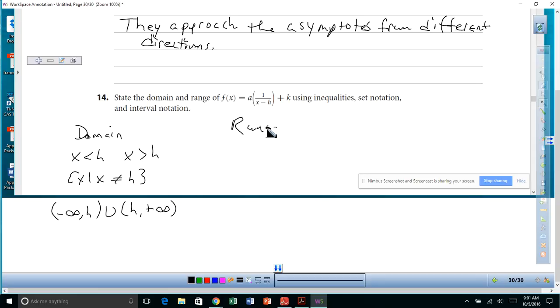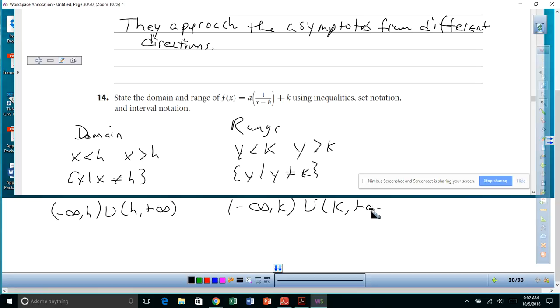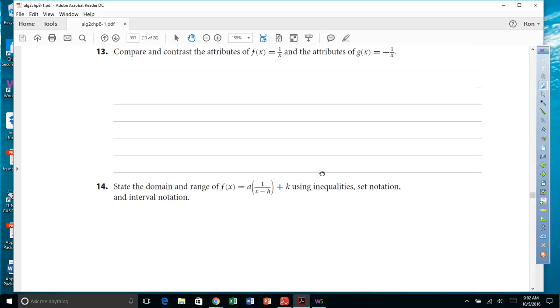Range, y is less than k, y is greater than k, and y such that y is not equal to k, negative infinity to k, and k to positive infinity. So y'all thought that was going to be hard, didn't you? Easy peasy.